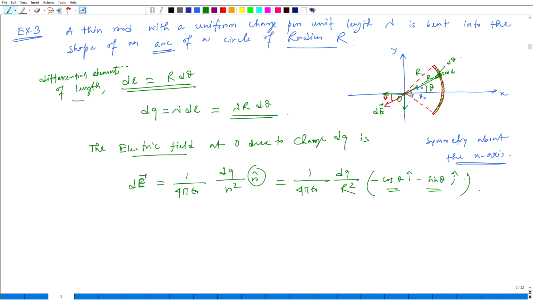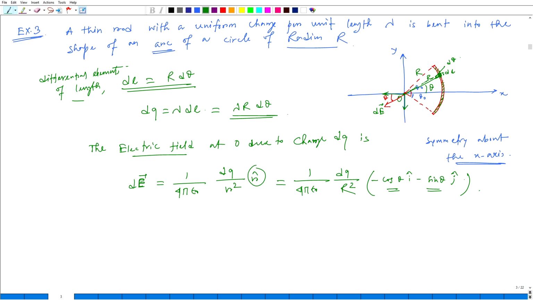Then we can calculate the total electric field due to the arc. That means we integrate theta from minus theta naught to plus theta naught, because we consider anti-clockwise as plus and clockwise as minus.